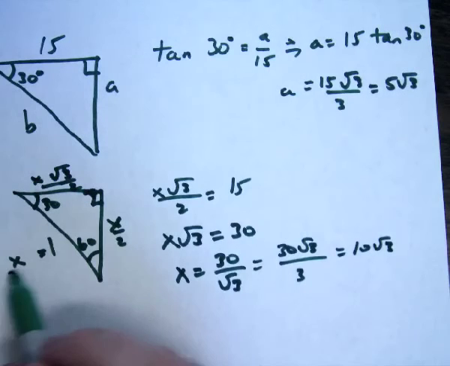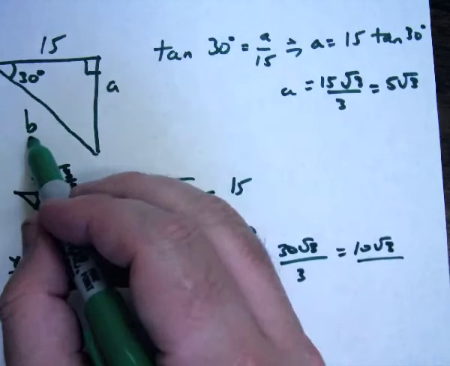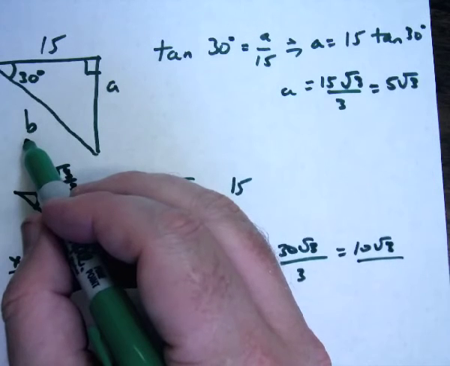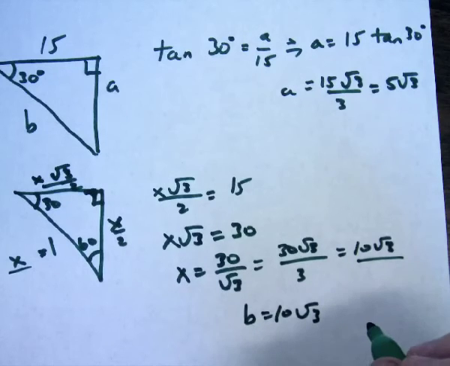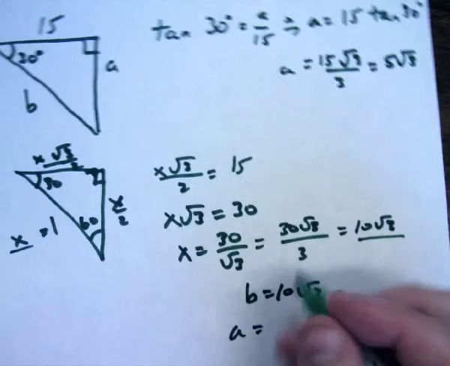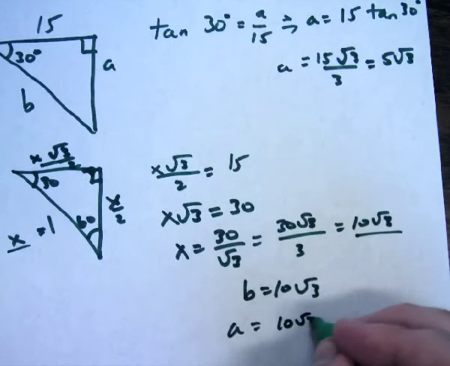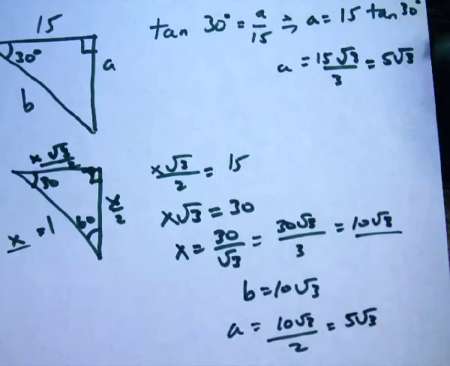So that's what x is. X is 10 root 3. So what is b? Well, b must be 10 root 3. What is a? Well, a must be 10 root 3 over 2, which is 5 root 3, which we already found using the tangent.